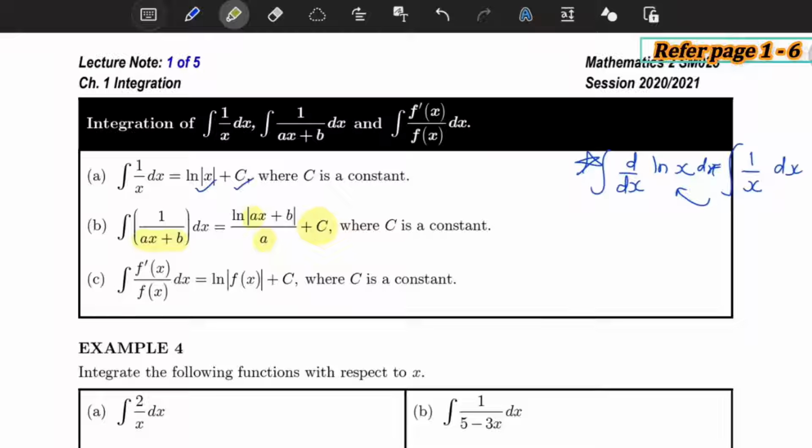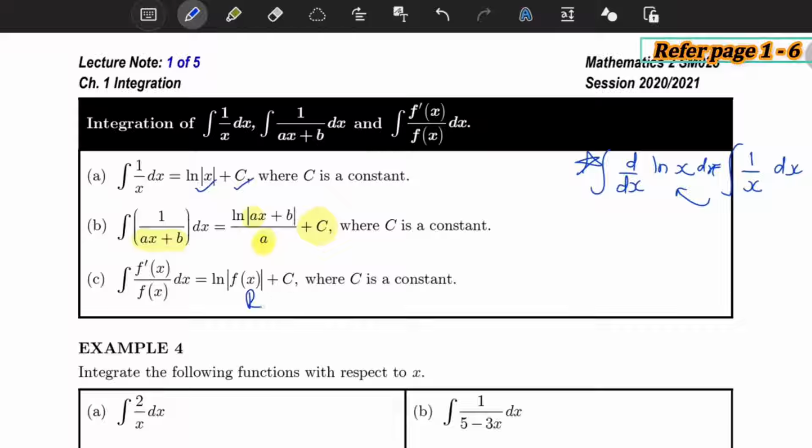If you refresh your differentiation, usually after we differentiate, we multiply, isn't it? But for integration, it is reversed. It will be over a. In differentiation, we multiply by a, right? Okay, and the last one is the integral of f prime over f(x) equal to ln f(x) plus c.